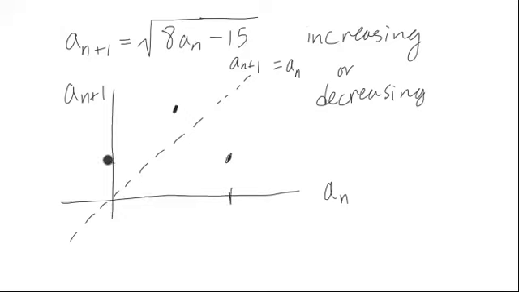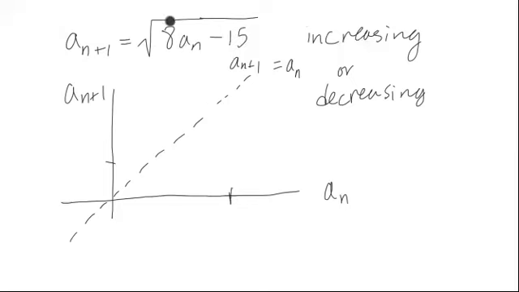So a sub n plus 1 is smaller and a sub n is bigger. And since it went from bigger to smaller, then it must be decreasing. So this will give us some insight into this question of whether the sequence is increasing or decreasing.